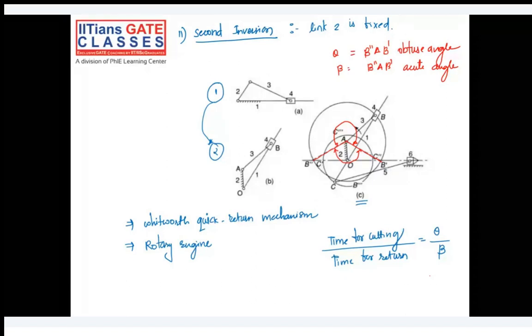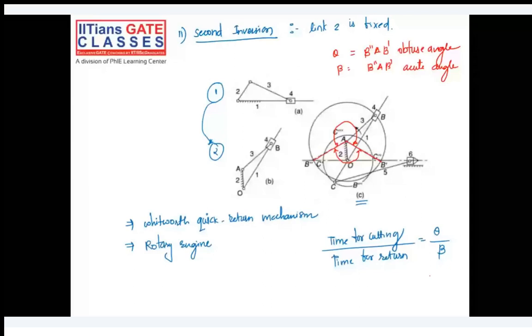Another example that we could give you is a rotary engine. So you can clearly see this mechanism. I'll try to draw here again. So we are fixing the crank, and it is the same thing, link number 1, 2, 3, and 4.